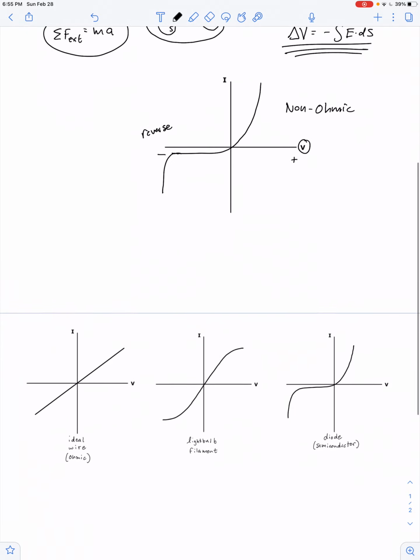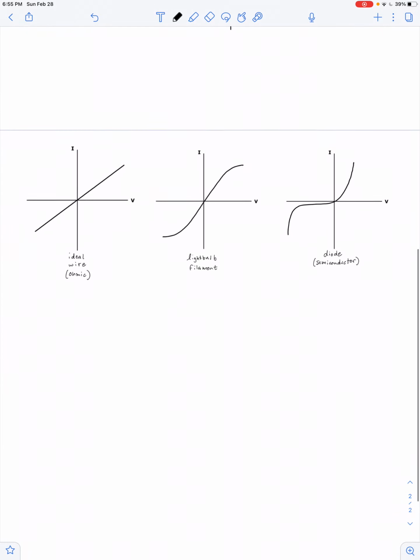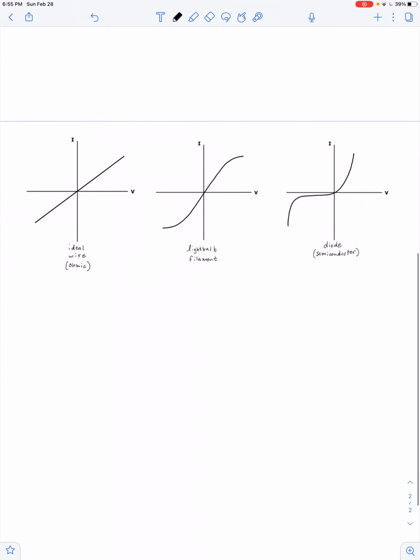So if you want to see all those graphs again side by side, here they are. Ohm's law holds up quite well for the ideal case of wires made out of metal under reasonable temperatures. Light bulb filaments reach extreme temperatures, and we can see the non-ohmic behavior at extreme forward or reverse voltages.